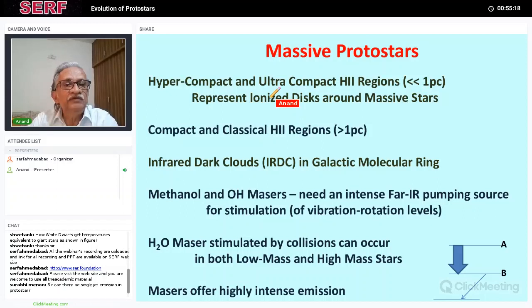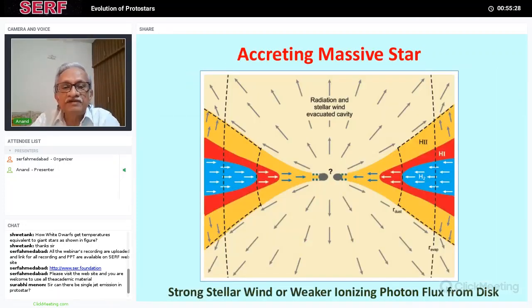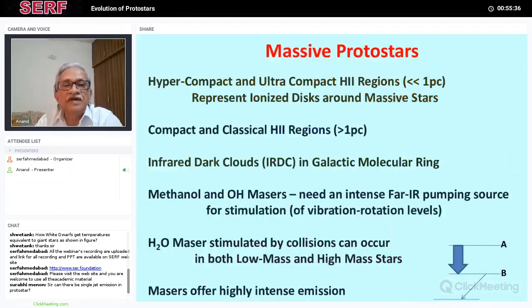Now, we believe that these hypercompact and ultracompact H2 regions actually represent these ionized disks that I was talking about in the model. So these are the H2 regions that you are talking about when you have observed these hyper and ultracompact H2 regions. So these are the signatures of a massive protostellar object.